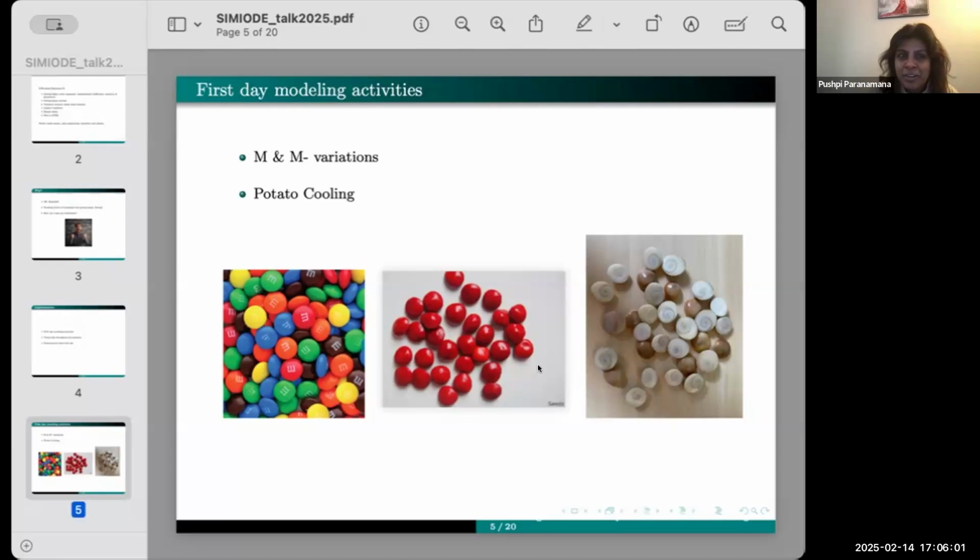Since you are here, I'm assuming everybody knows what the M&M activity is. So this is your exponential. We model population change over time using M&Ms. And over time, in different classes, I used variations where some groups used M&Ms, some groups used this, which is a type of seed, and the other one is a seashell.